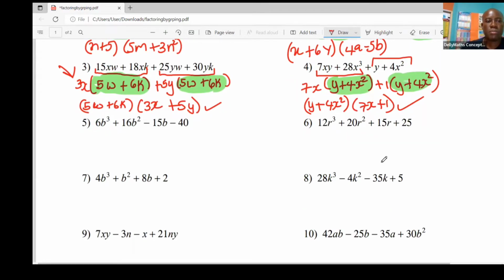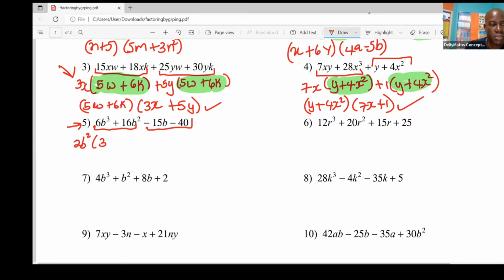Now, you could just pause the video for a moment and try number 5. So you should be finished by now. This is the response. So we're going to group these two, then we're going to group those two. What is common here? 2b squared.